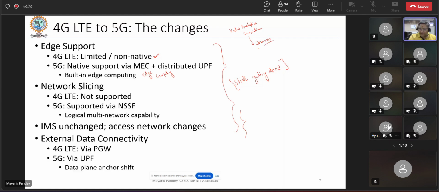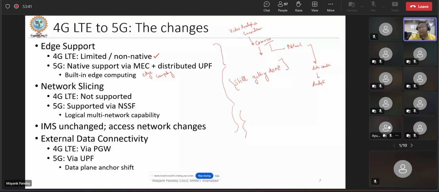Now, when it is running by a camera, what will happen? It will go through your network, then go to a data center for analytics.